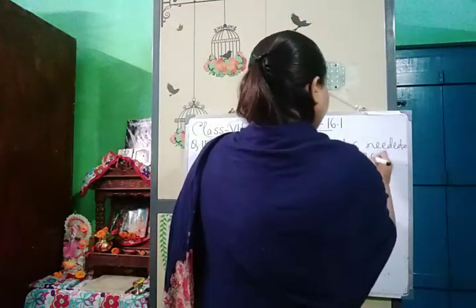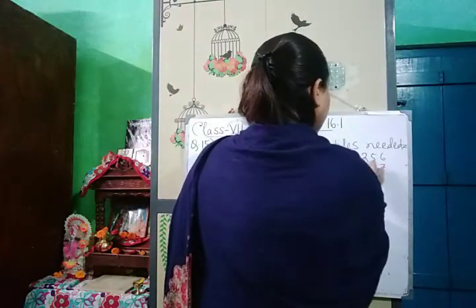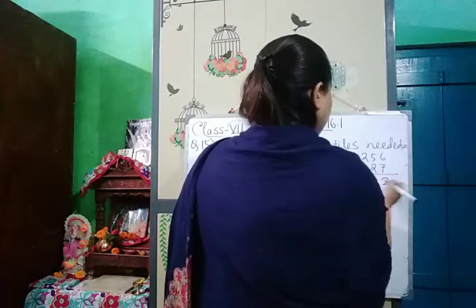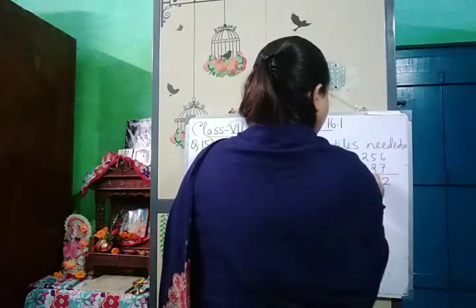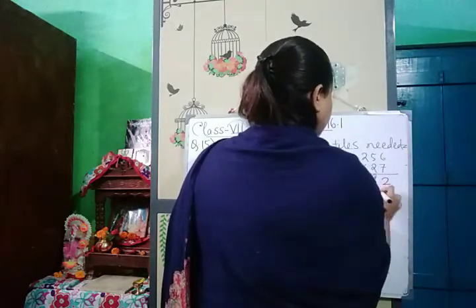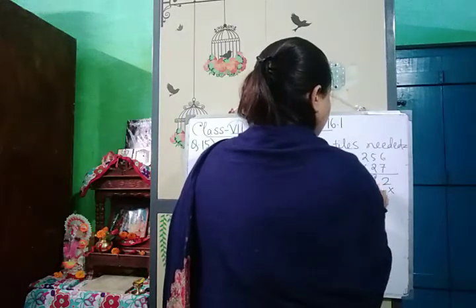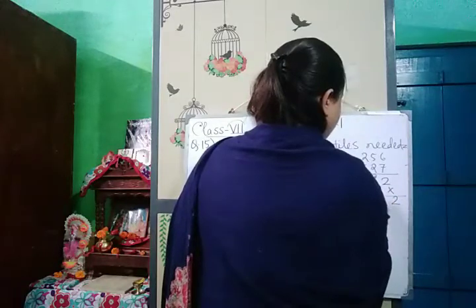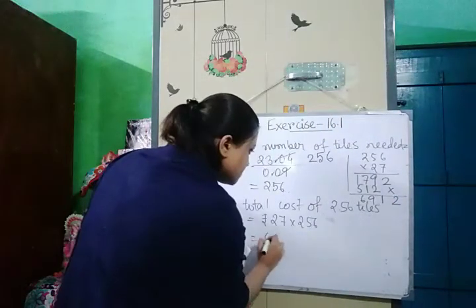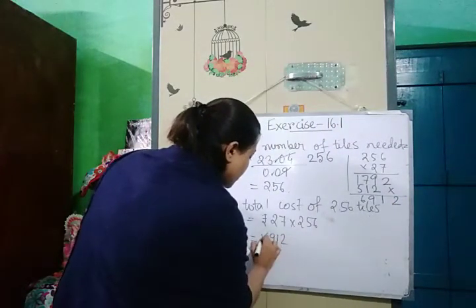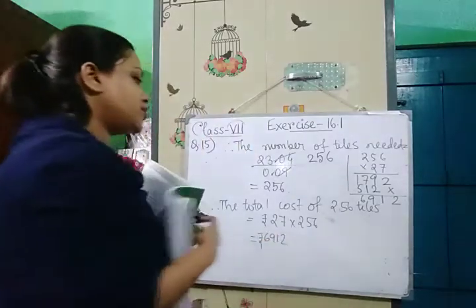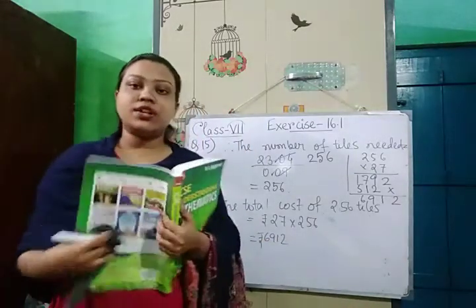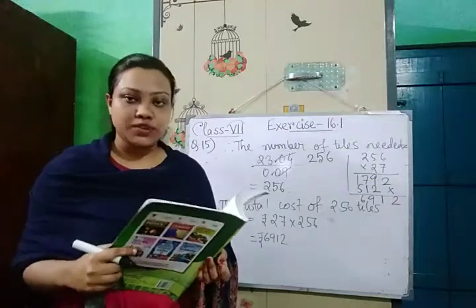So I am here doing the multiplication here. Rupees 6,912. Rupees 6912 is the cost of tiling the room.